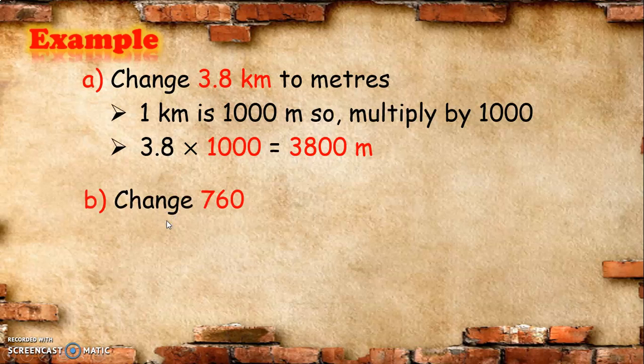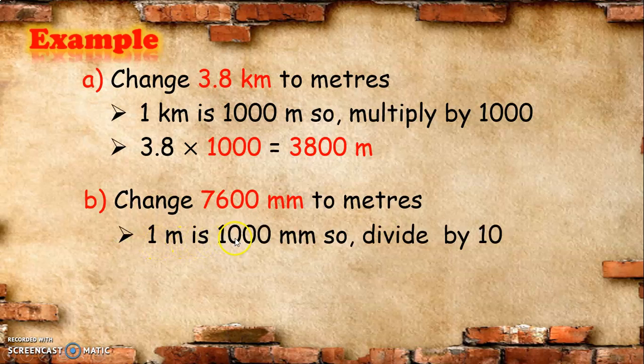Next, another given. Change 7,600 millimeters to meters. We don't have a direct value of millimeters to meters. So 1 meter is equal to 1,000 millimeters.